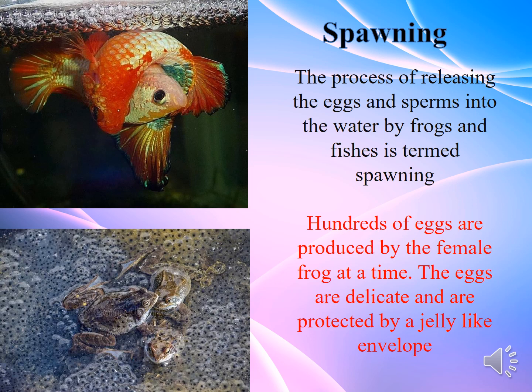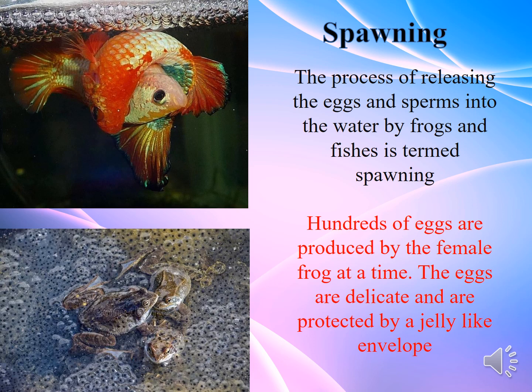Have you ever seen frogs swimming in water? When it is time for reproduction, the male frog and the female frog move to the shallow streams or ponds. When they come together, the female frog lays hundreds of eggs. These eggs are not like hen's eggs.